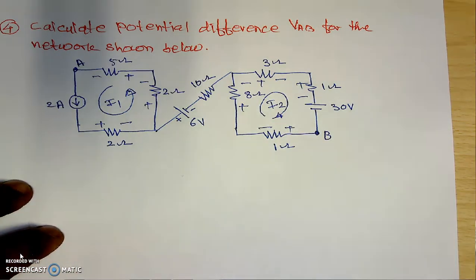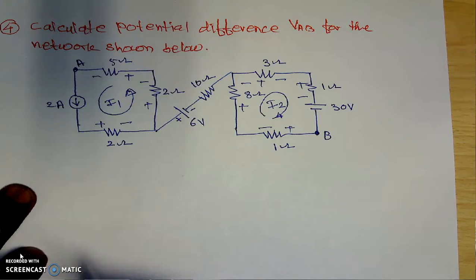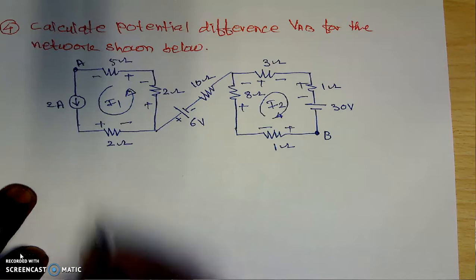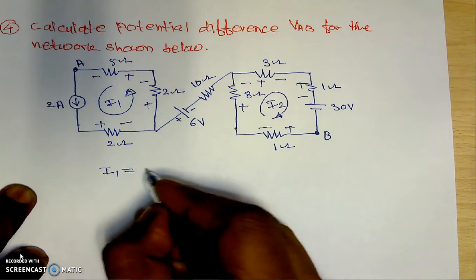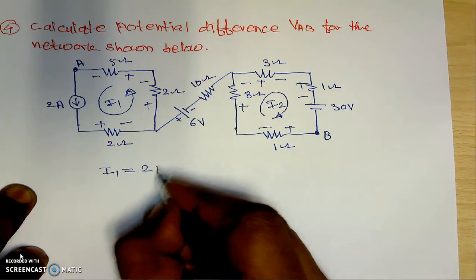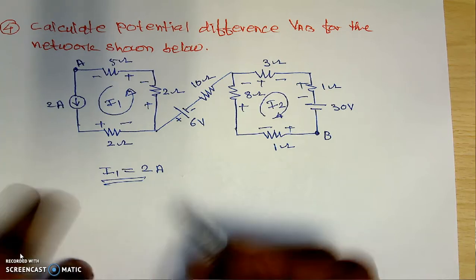Now if we apply the KVL for loop number 1, why do we apply the KVL? We apply the KVL to calculate the values of the currents. Here, no need to apply the KVL for loop number 1 because I1 is already known, which is given as a current source and its value is 2 amperes. That's why I will not apply the KVL to loop number 1.